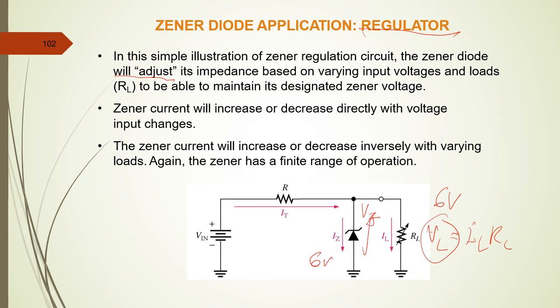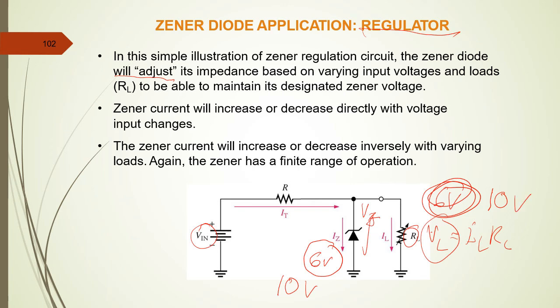So whatever the value of Vin and whatever the value of RL, the output load voltage of 6 volts will always be maintained. If we have a Zener diode of another value, for example 10 volts, it will also try to maintain VL at 10 volts.